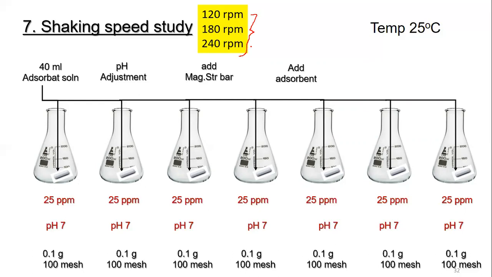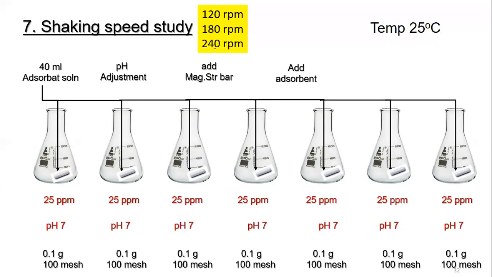The second point, if you are using a stirring plate, then there is a knob right over there, and with that knob you can easily adjust the speed of the stirring bar that is moving inside the flask. So you have to do the same kind of experiment three times: complete it at 120 RPM, perform it at 180 RPM, and perform it at 240 RPM.